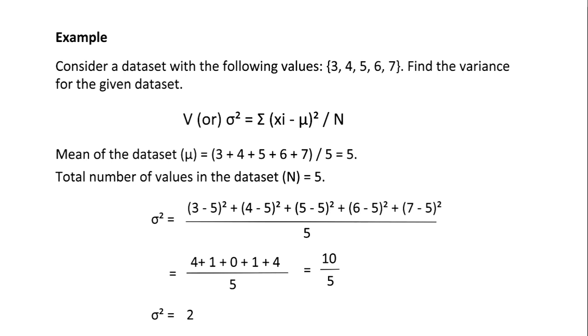Total number of values in the data set, n, equals 5. Sigma square equals 3 minus 5 square plus 4 minus 5 square plus 5 minus 5 square plus 6 minus 5 square plus 7 minus 5 square, by 5. Equals 4 plus 1 plus 0 plus 1 plus 4, by 5. Equals 10 by 5. So sigma square, variance, is 2.